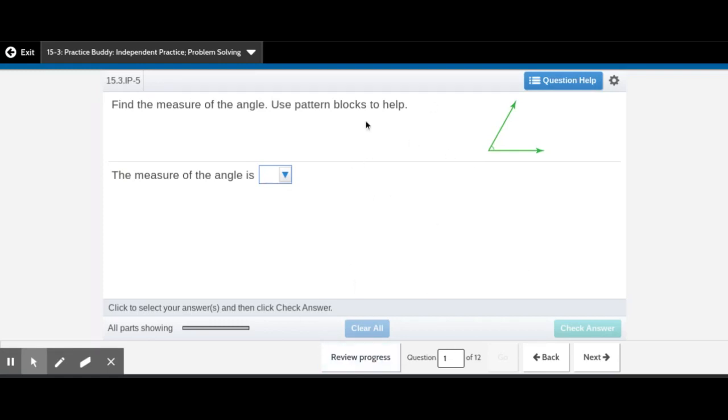So for this picture, it says find the measure of the angle. Use pattern blocks to help. In order to use pattern blocks, guys, it just basically means use a block around it, like draw a square so that you can go ahead and figure out what the actual angle is.